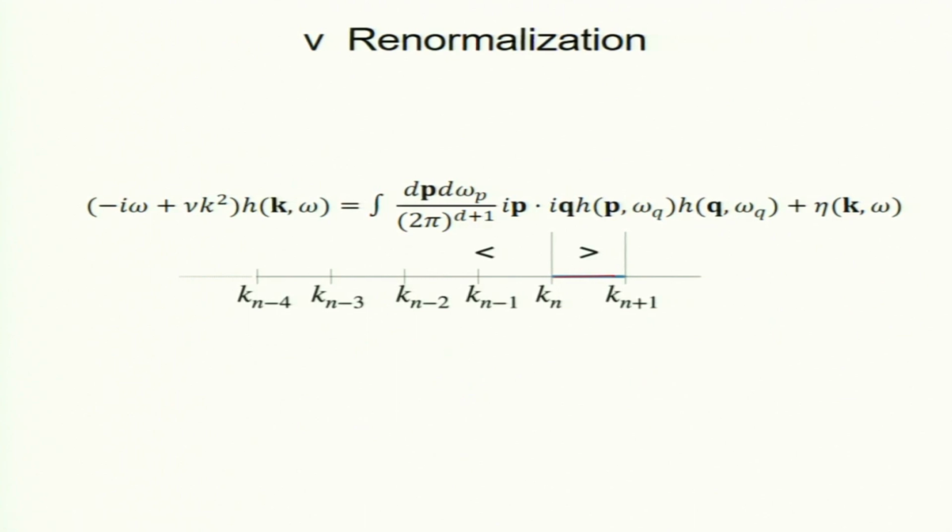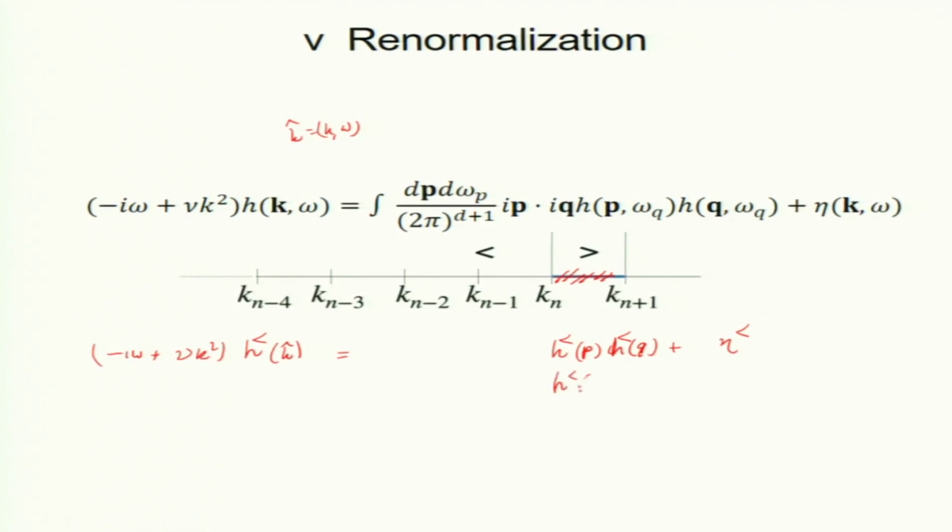Okay. So remember, we are going to see the effect of this on nu. So I write minus i omega plus nu k squared times h less of k omega, where k omega, k hat, is a shorthand for the 4-vector. The right-hand side will involve h less p h less q plus eta less, but it has other terms too, greater and less, right.